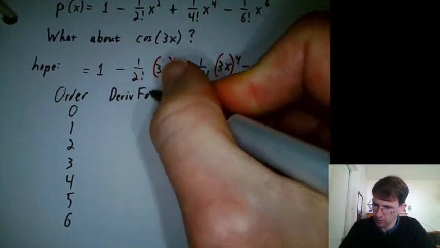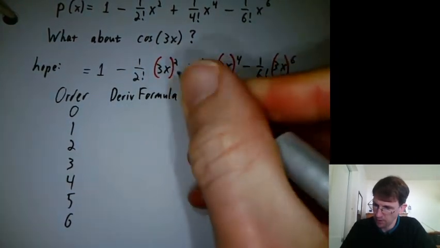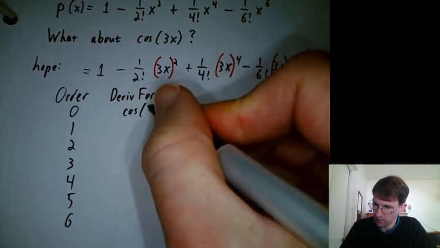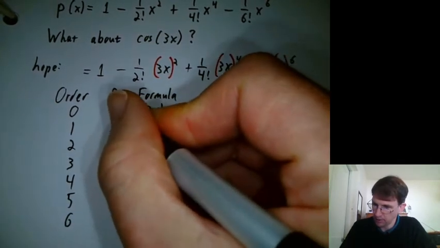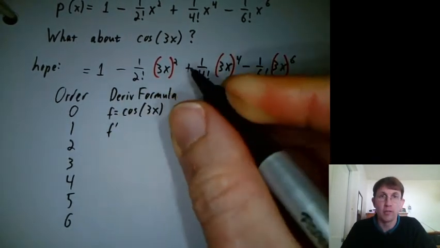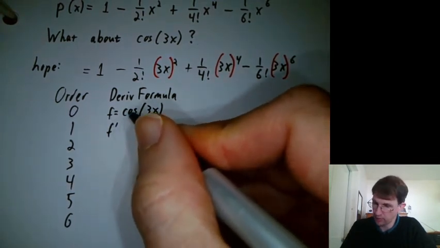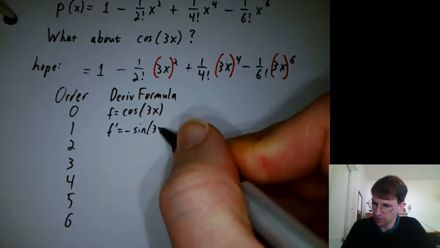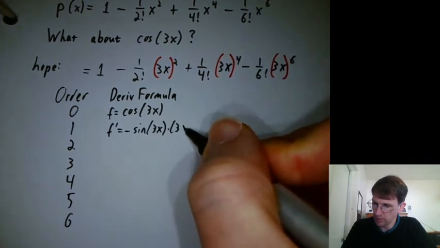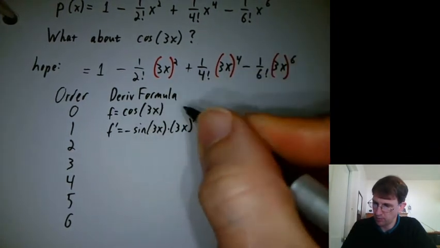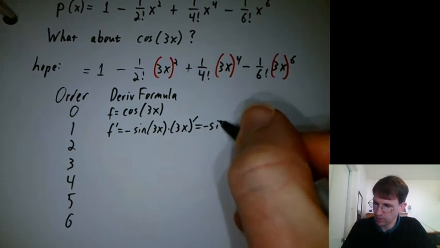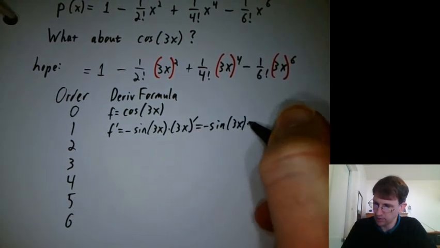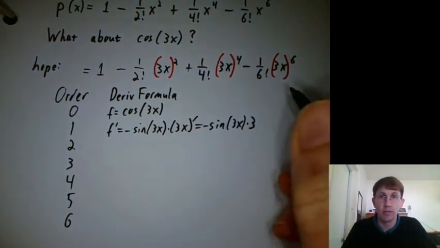Derivative formula, cosine 3x, and then what's f prime for cosine 3x? Derivative of cosine is negative sine 3x, and then we have to do a chain rule times 3x prime, which gives us negative sine 3x times 3.